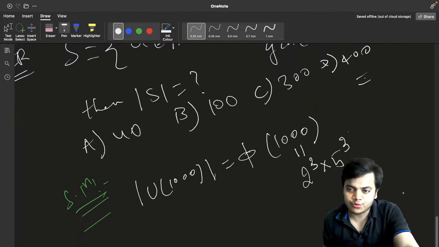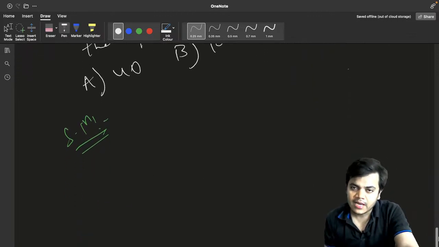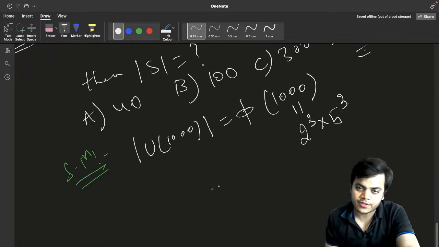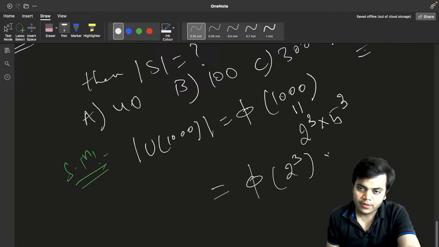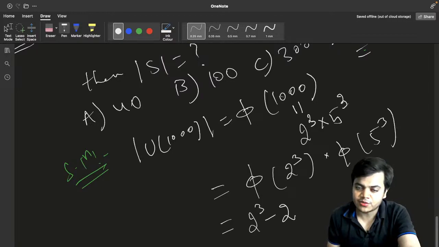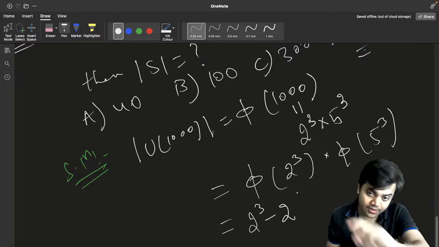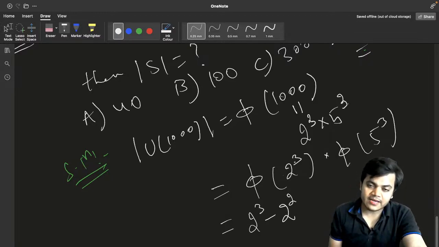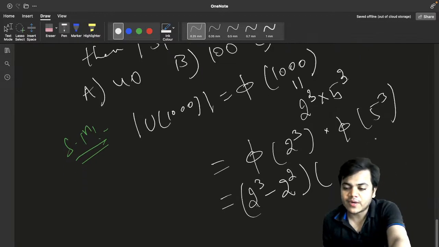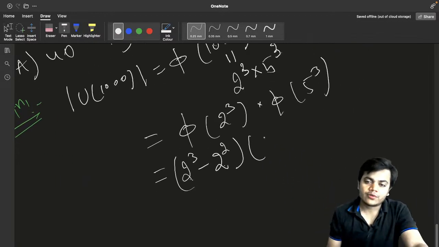So by using the properties of Euler's phi function, what would you like to say? It will become phi of 2 raised to the power 3 into phi of 5 raised to the power 3. So phi of 2 raised to the power 3 will be 2 raised to the power 3 minus 2 raised to the power 2, because p raised to the power n becomes p raised to the power n minus p raised to the power n minus 1. And here, phi of 5 cube will become 5 cube minus 5 square.